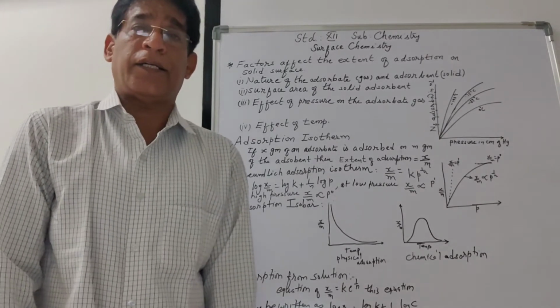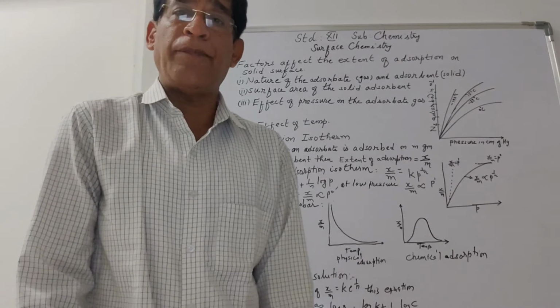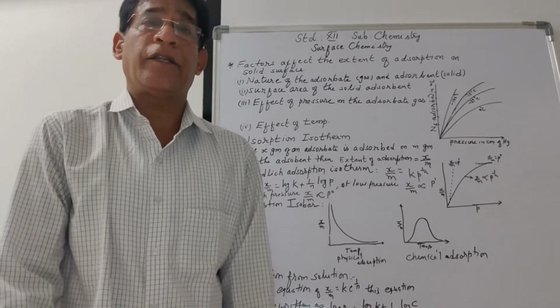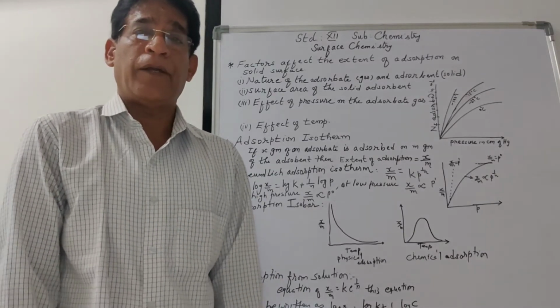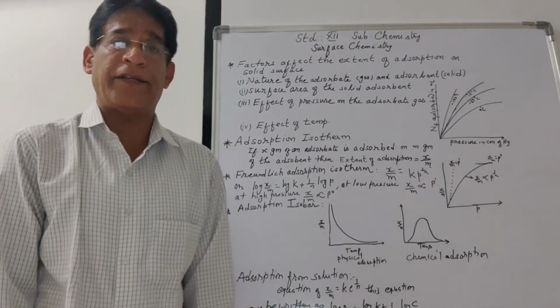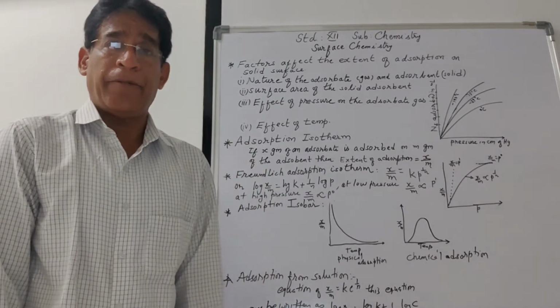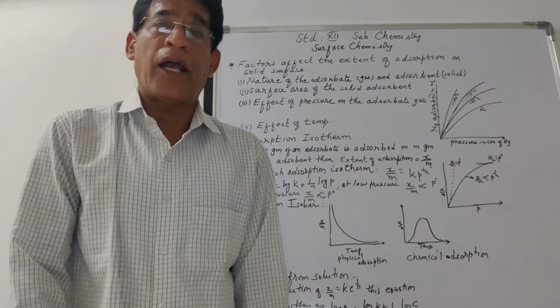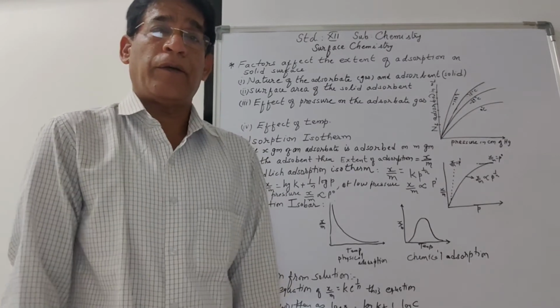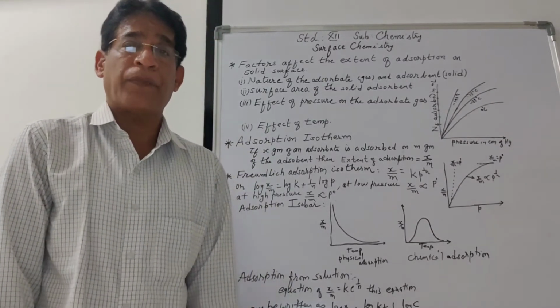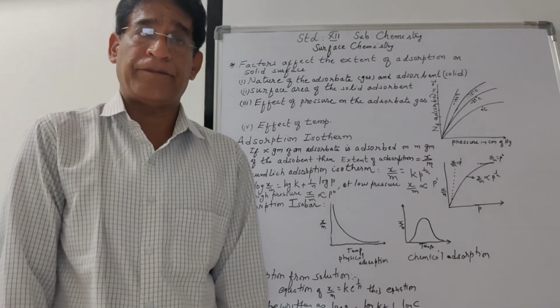When colorless Mg(OH)2, magnesium hydroxide, is precipitated in the presence of magneson reagent, a blue colored dye, it acquires blue color because the dye is adsorbed on the solid precipitate.